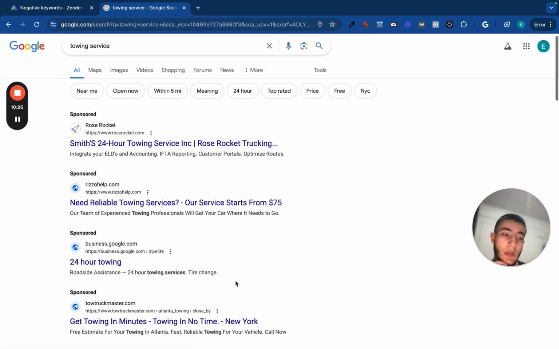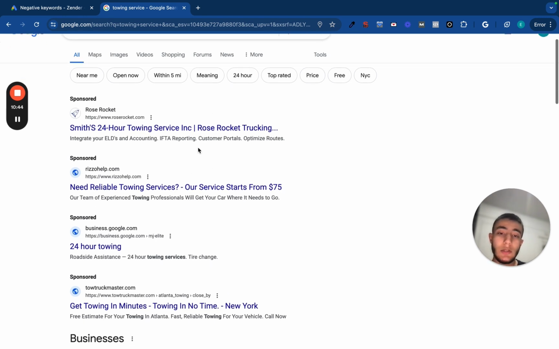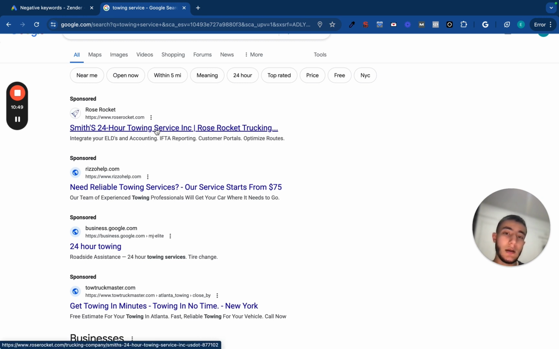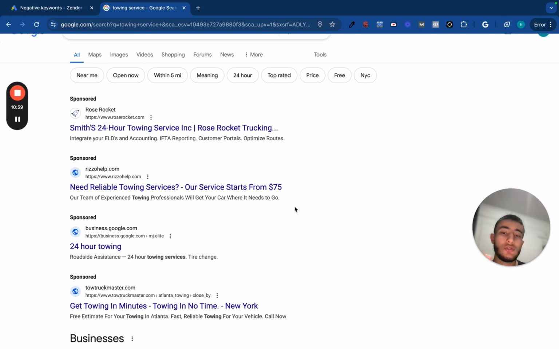When I search "towing services near me" or "towing service," I see the ads. But what I also see is that the placements are different now. I don't know if they have maximize conversions as a bidding strategy, but if they do, the first placement usually gets a more expensive price per click, and Google Ads maximize conversions will likely go over for the first placement.